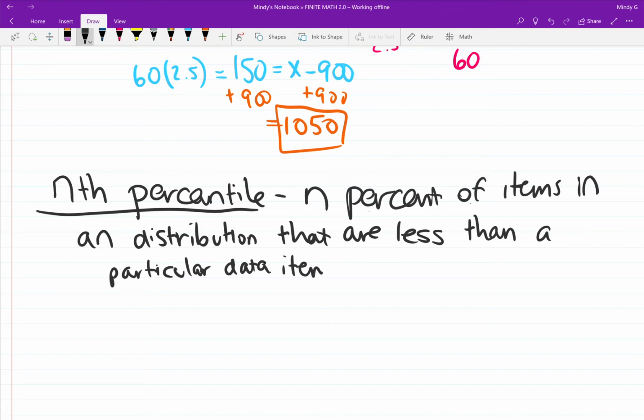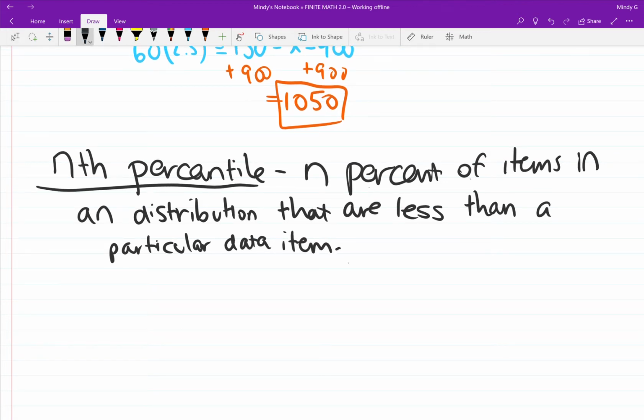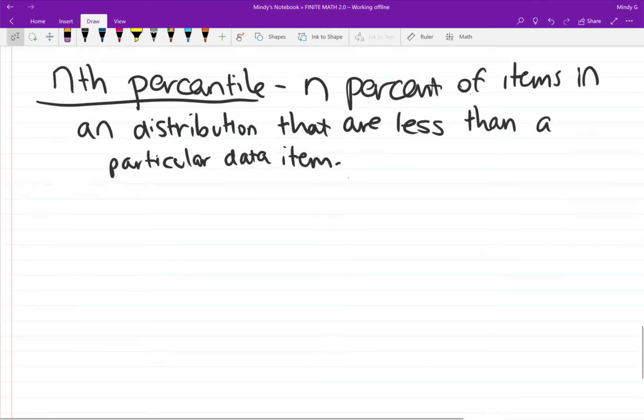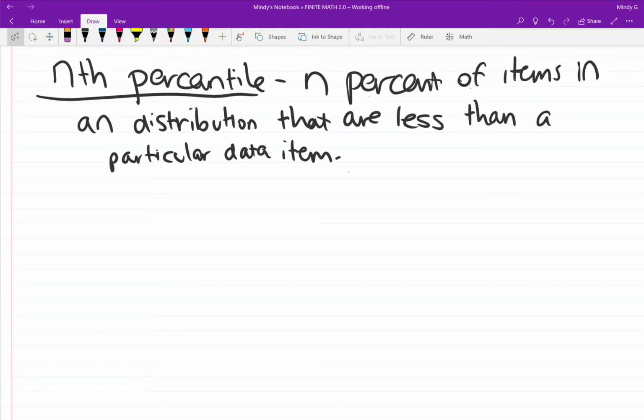So Mindy, I'm going to use you as an example, okay? Last class, she showed me her son's test scores, and in one of the areas, he scored in the 98th percentile. So her son scores a particular data item out of all the students that took this test, right? He's in the 98th percentile.